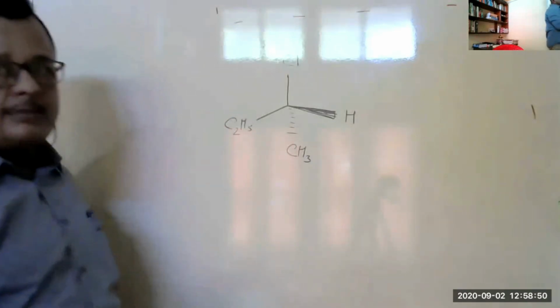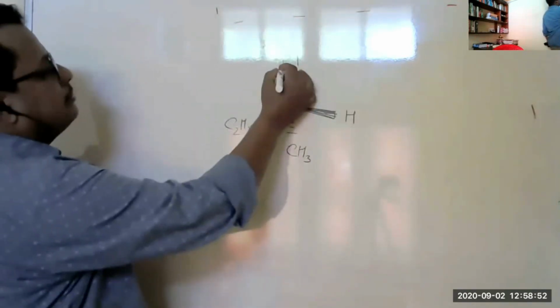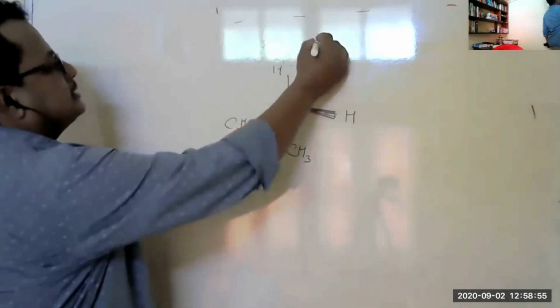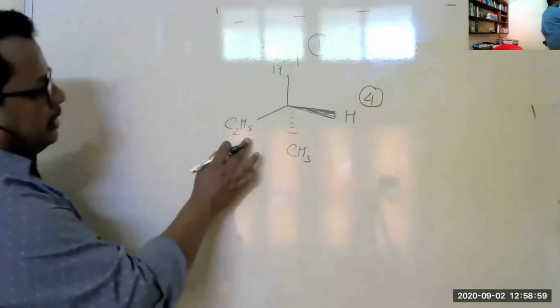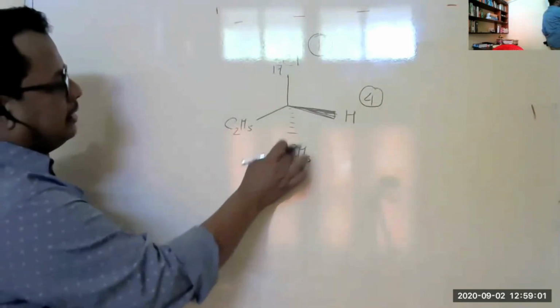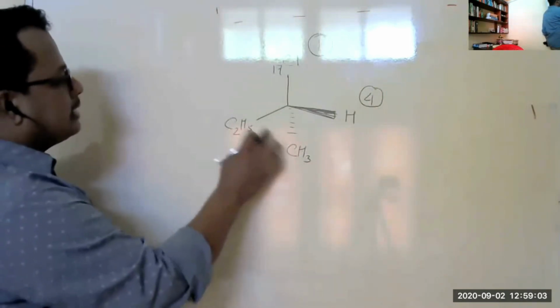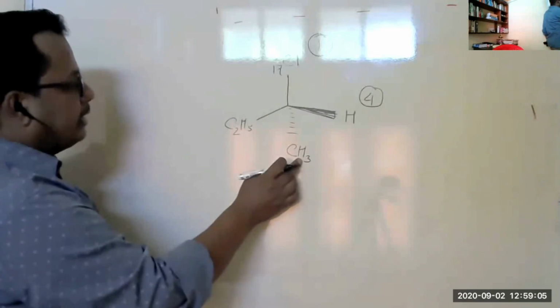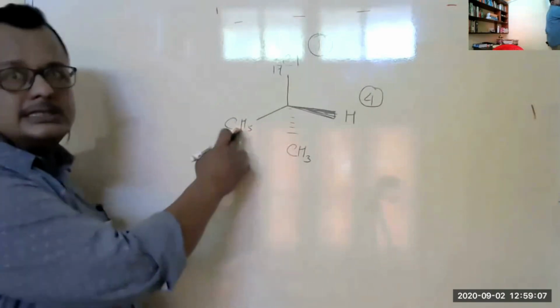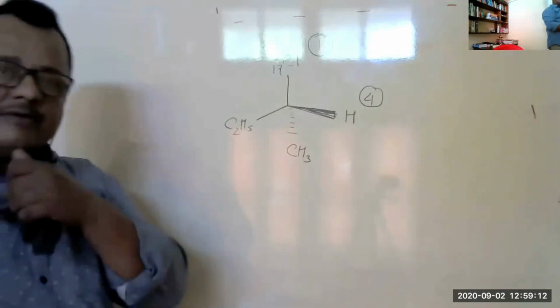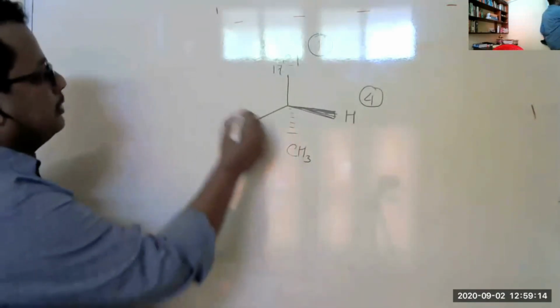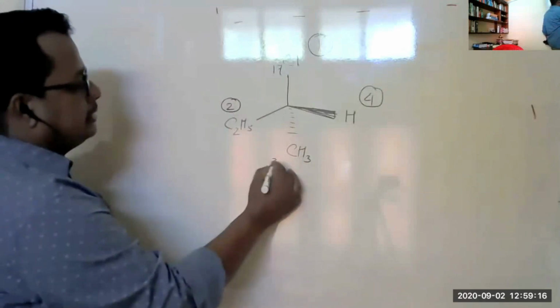First of all, we will assign priority. Highest atomic number is chlorine, 17, so it will be priority 1. Hydrogen is priority 4, and out of these two, you see the first atom is carbon, the second atom is hydrogen, and here the second atom is carbon. So this one will have higher priority. Ethyl group will have higher priority than methyl group. So this one will be 2, this one will be 3.